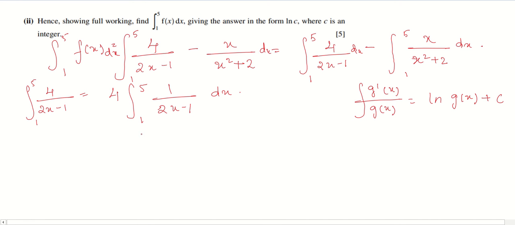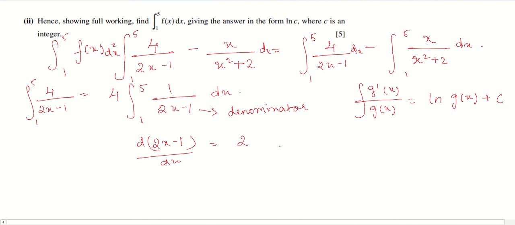The denominator of this fraction is 2x minus 1. If you differentiate this, you'll get 2.